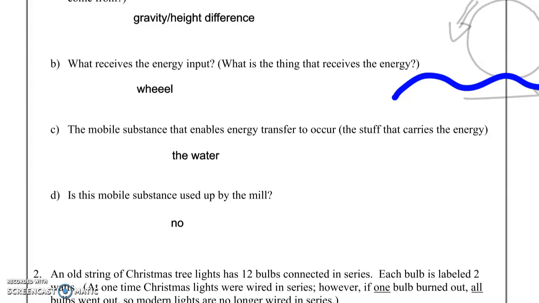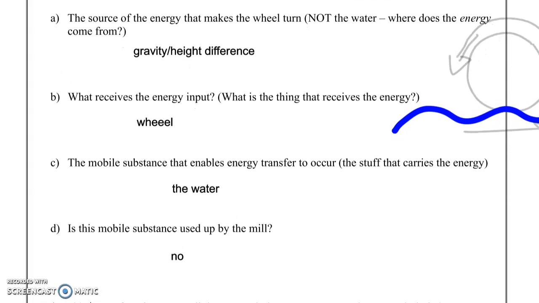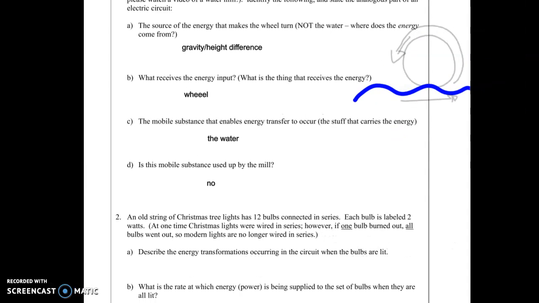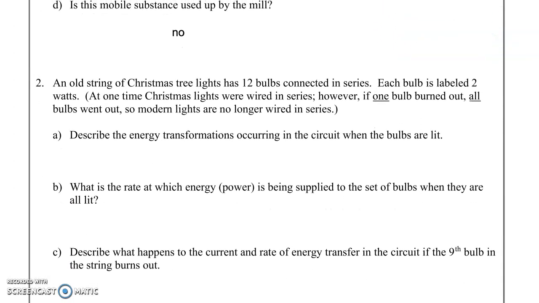The substance that's carrying energy in a circuit is charge, which is electrons. And the mobile substance, that charge, is not used up. It just passes through and causes something to happen. Okay, so this water wheel, water mill is kind of a decent analogy for this circuit.